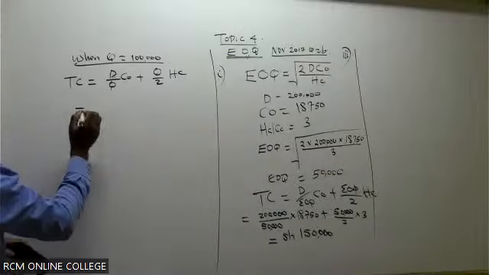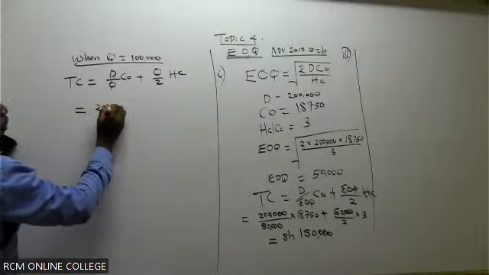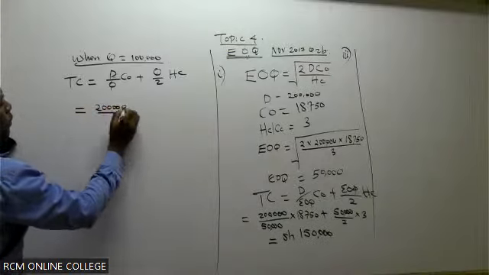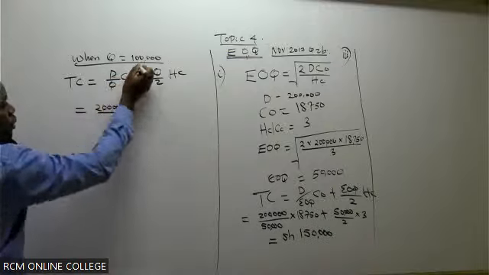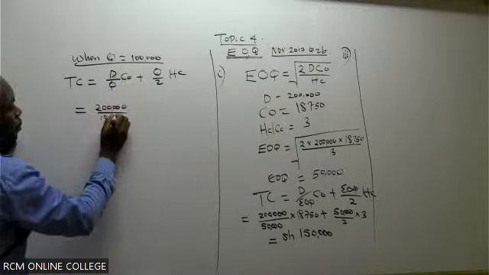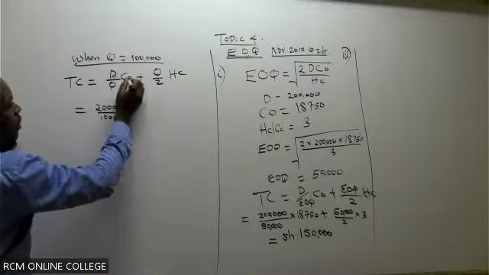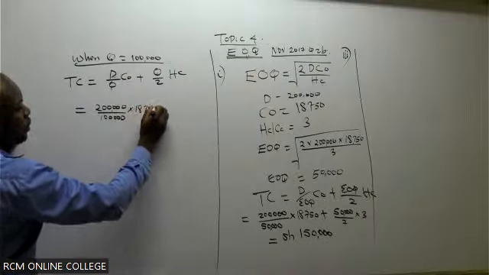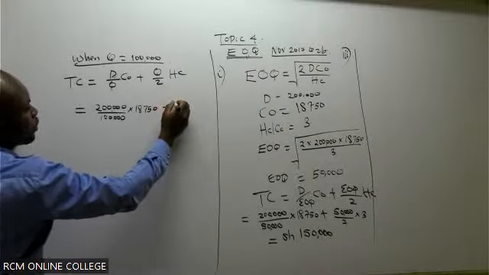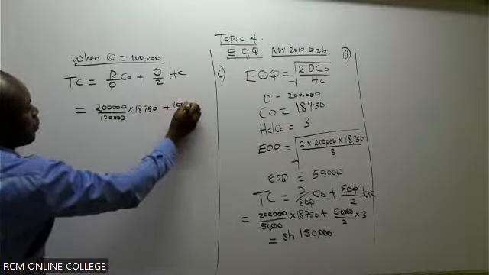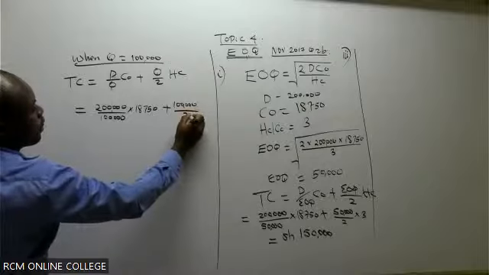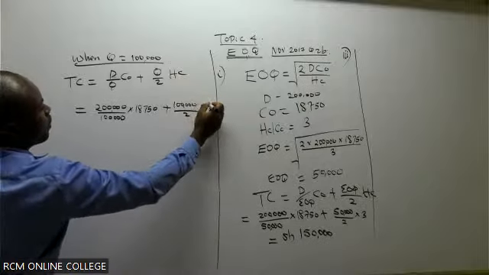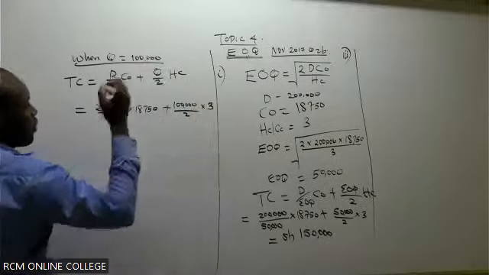I'll take demand, which is 200,000, divide by quantity, which is now 100,000, multiply by ordering cost, which is 18,750. To that, I add quantity, which is 100,000, divide by 2, then multiply by holding or carrying cost, which is 3.